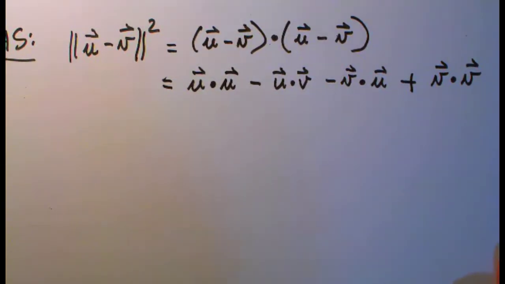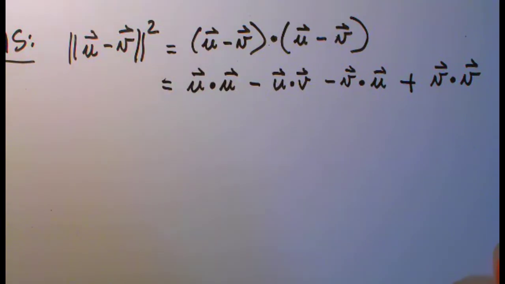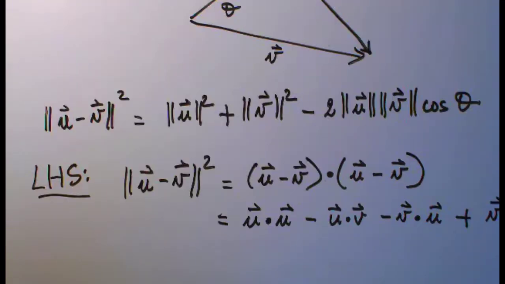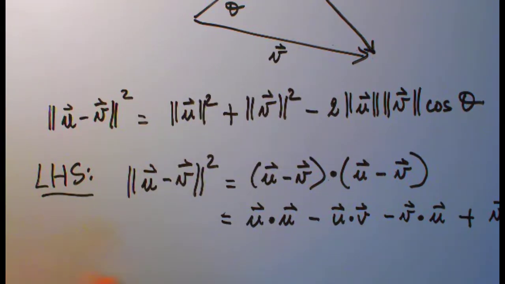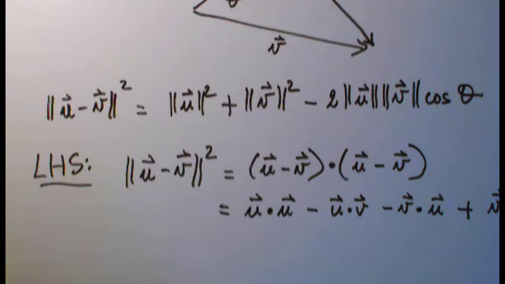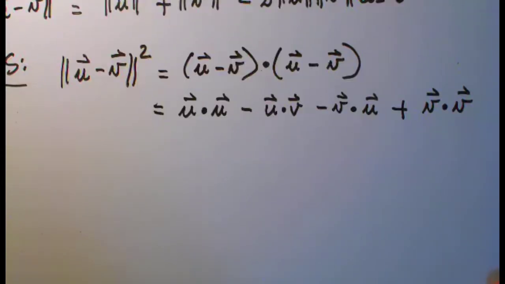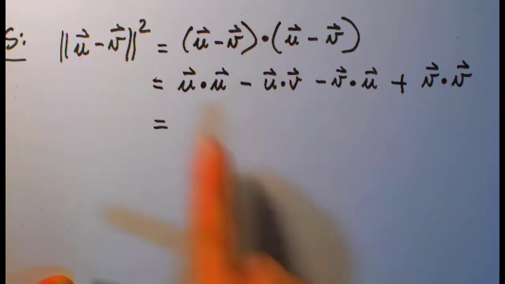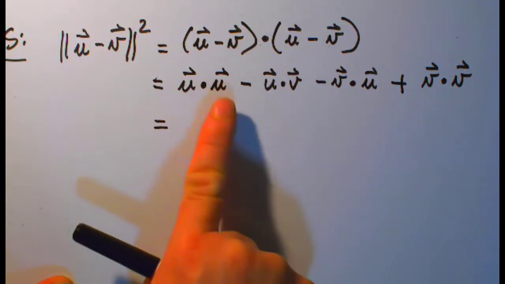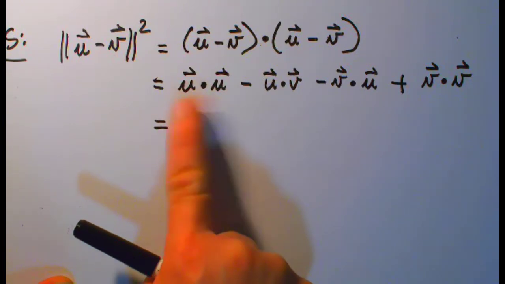So that's what I'm doing to the left-hand side. Remind yourself that we started out with known facts from trigonometry. In this step, I'm developing out the left-hand side of that equality. We've been spending a lot of time learning, and hopefully getting comfortable with, the concept of u dot u itself.